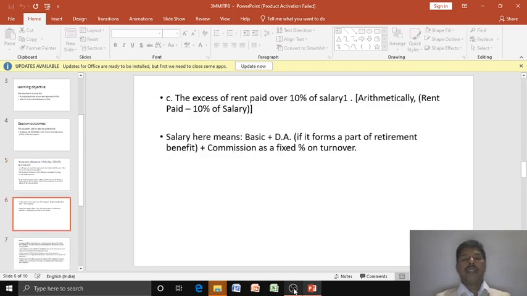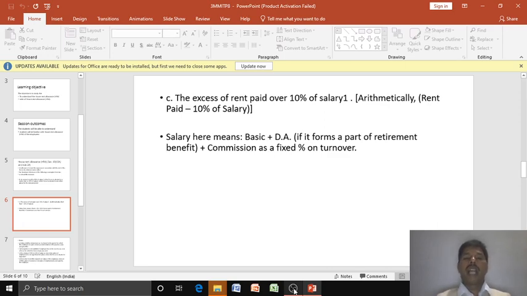Next, point C, we have to compute the excess of rent paid over 10% of salary. In short, rent paid minus 10% of salary. Actual rent paid by the employee to the owner of the house minus 10% of salary.